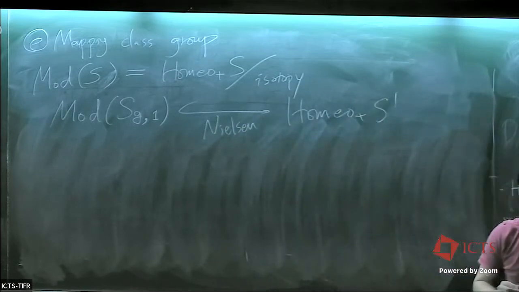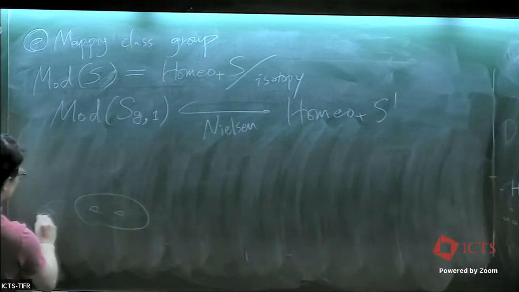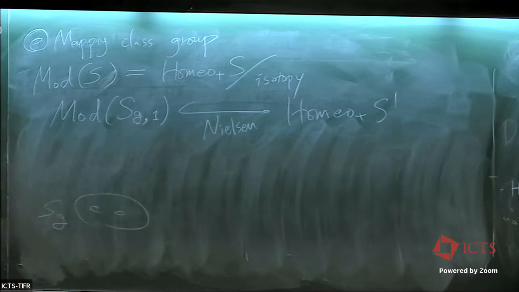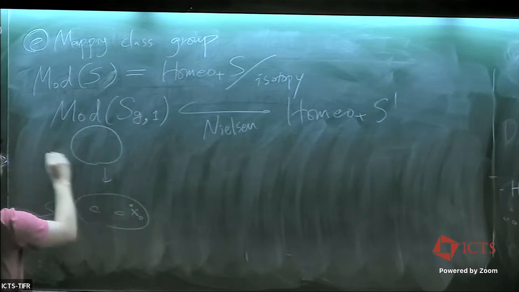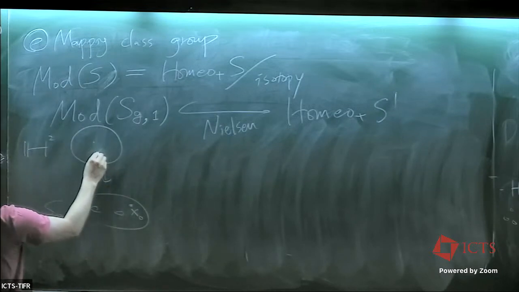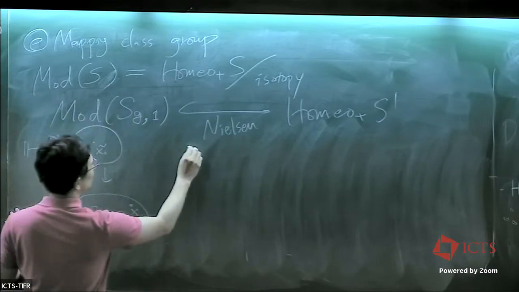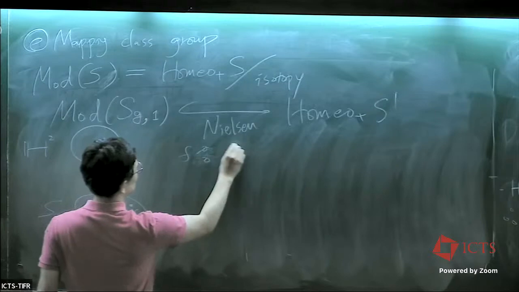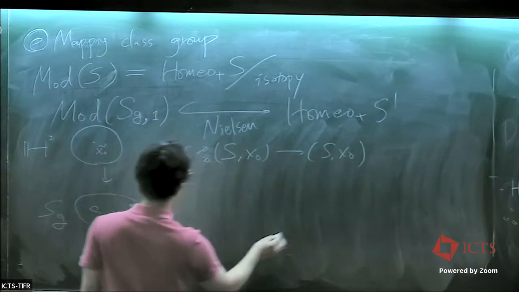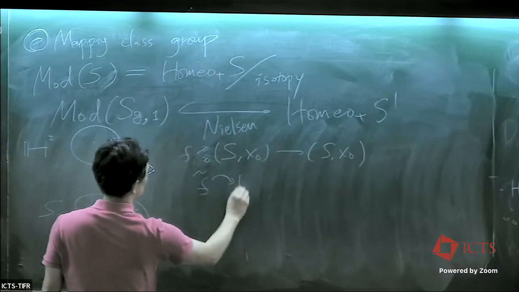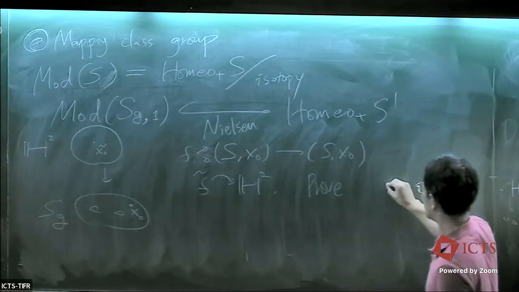The construction is very intuitive. So you consider a surface, where the 1 means one puncture, just one marked point, say x naught. Consider the universal cover, and lift x naught to a fixed point. Then whenever you have a homeomorphism, you consider its lift on H2 and prove that this boundary action is well defined.